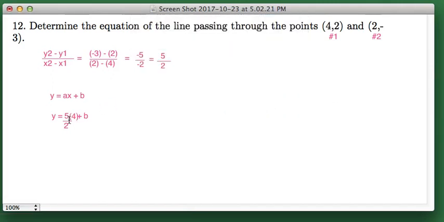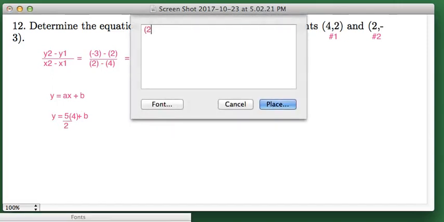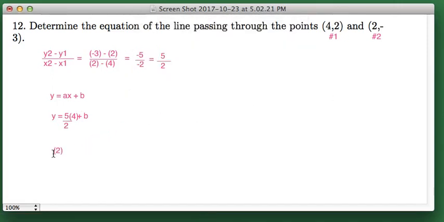And instead of the y just being a y, I'm going to say, well, when x is 4, y should come out the other side as being 2. Right? So I'm going to get rid of this y here, and in its space, I'm going to put this 2. So 2 is equal to 5 over 2 times 4 plus b.